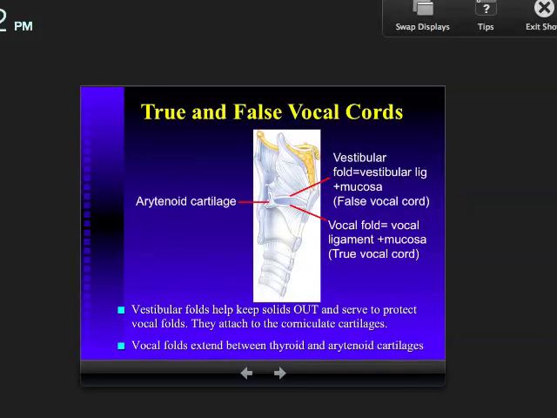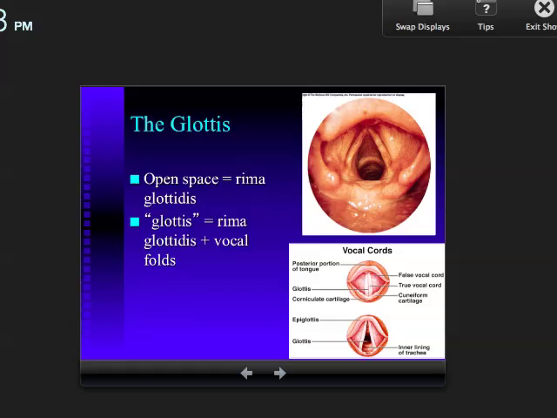You can see the folds here as we go down into the airway. Again, vestibular folds above, protecting the more inferior true vocal cords or vocal folds. And again, these are ligaments running front to back. We're going to look at them here.